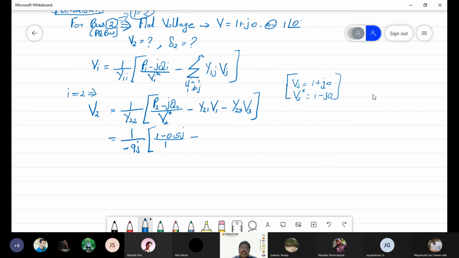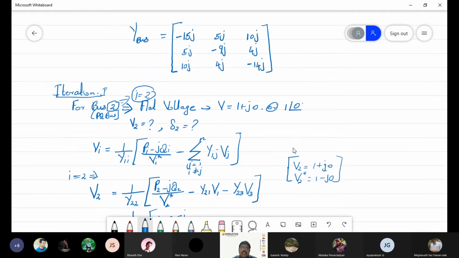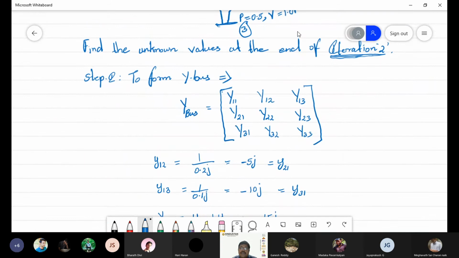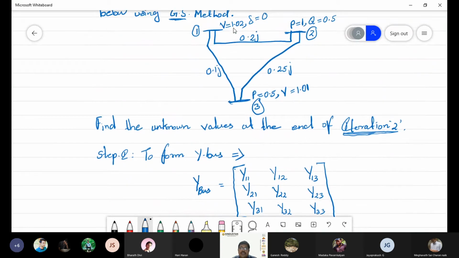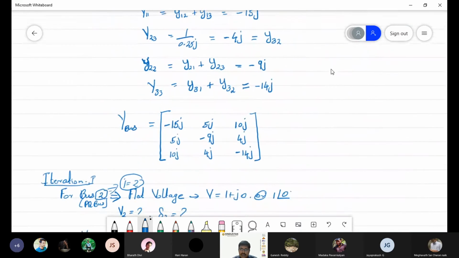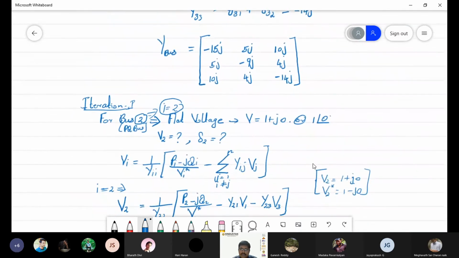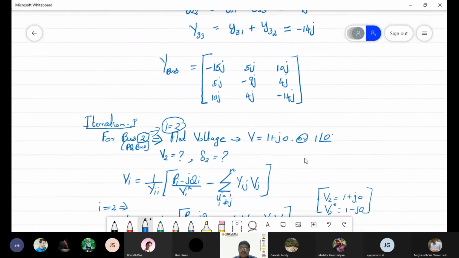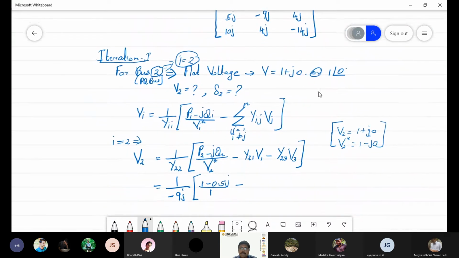Minus, and then we have to put the Y21 value, where it is. Y21 value, here it is, 5j is there. And again, V1 value is specified, right? We will see where is the V1 value. It was specified in the problem. V1 value is equal to, that is for bus 1, 1.02, right? We can substitute that value 1.02 in the formula here, and Y21 value is 5j, right?